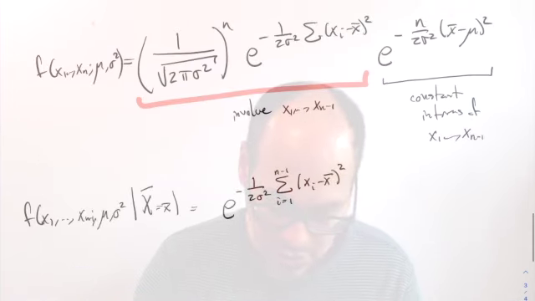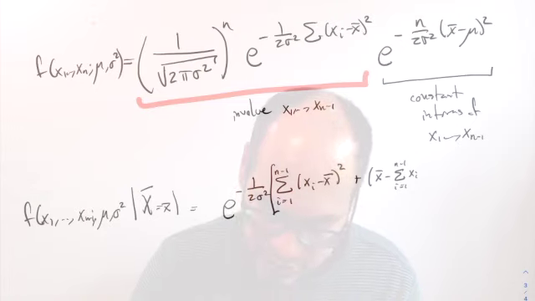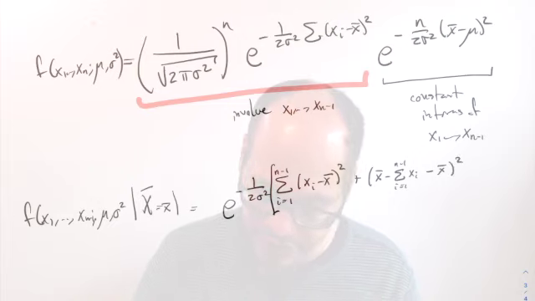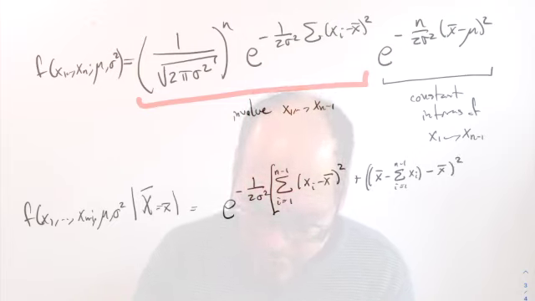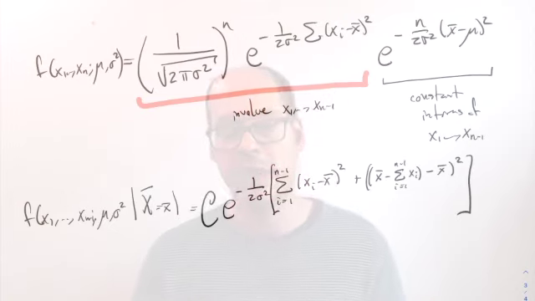The nth one is going to be plus, and so the nth one is, what is that? X bar minus the sum i equals 1 to n-1 of the xi's. That's the minus x bar squared. So I've kind of plugged that in there. Okay, I get this expression, and then times some constant to make the integral equal to 1.